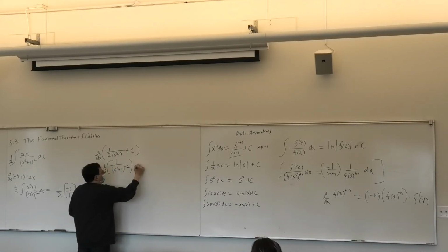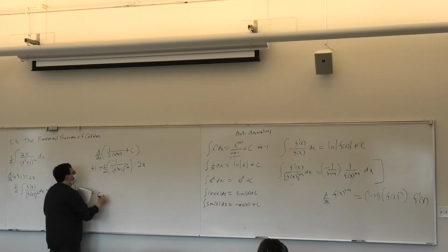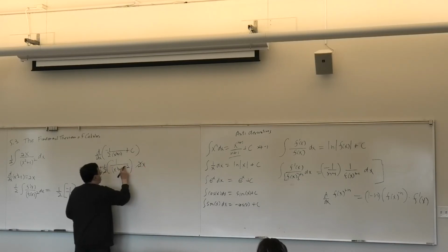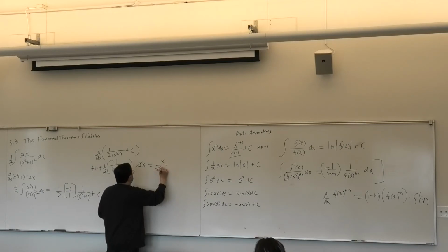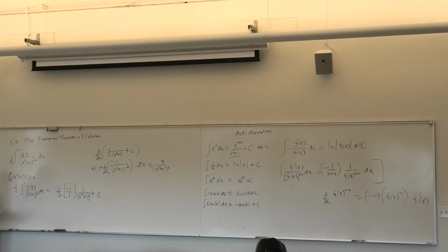Using the chain rule, minus 2x. So the minuses cancel, the 2's cancel. Sorry, that should be 2. And I end up just where I want to be. All right. It's always good to check these things.